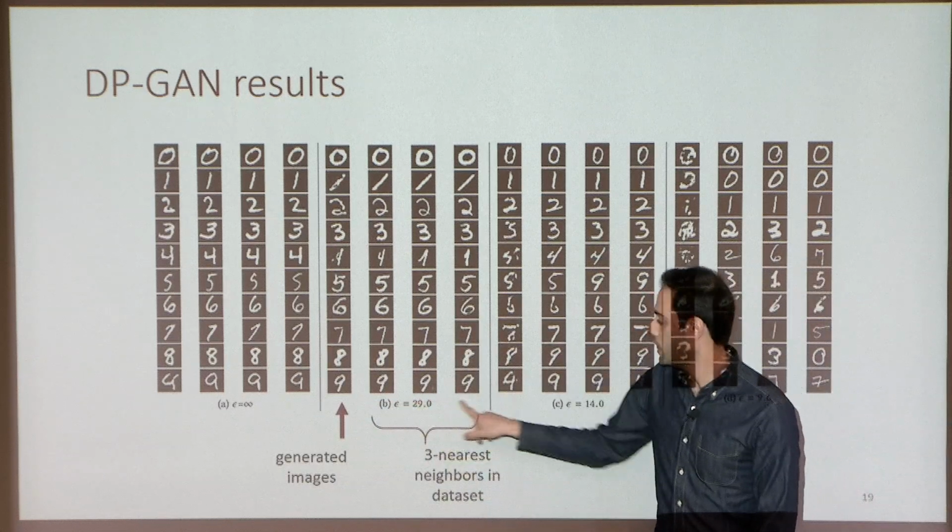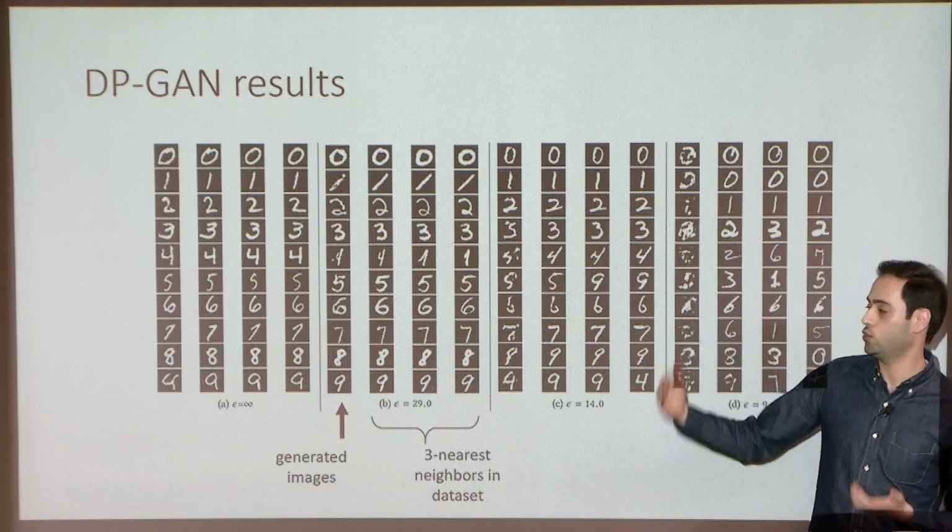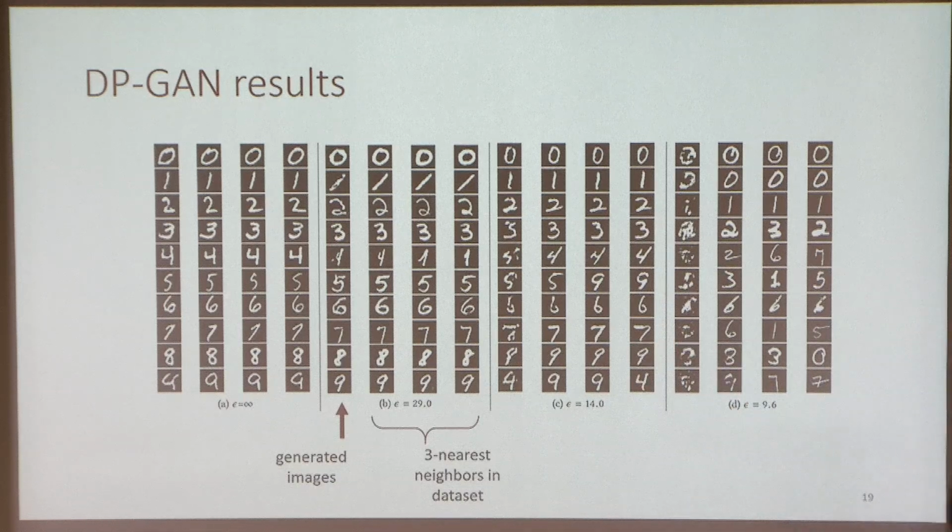We're taking the k nearest neighbors in the underlying data set to just see what are the most similar data points to what we've generated. But once we hit the single digit regime, things start getting bad. Now, I'm giving this example just to highlight that this is a challenging setting for differential privacy. This is not to say we cannot do it. This is just to say that there's more work that needs to be put in this direction.